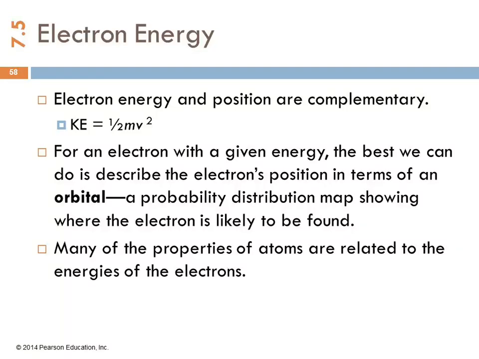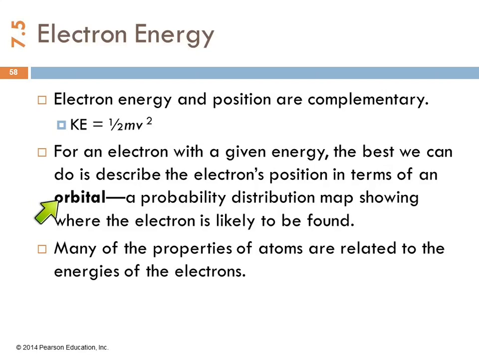The electron's energy and position are complementary. We've got kinetic energy. This is the general equation for kinetic energy: 1/2 the mass times the velocity squared. So in this electron, in the atom, if it has a given energy, the best we can do is to describe where it is as an orbital.